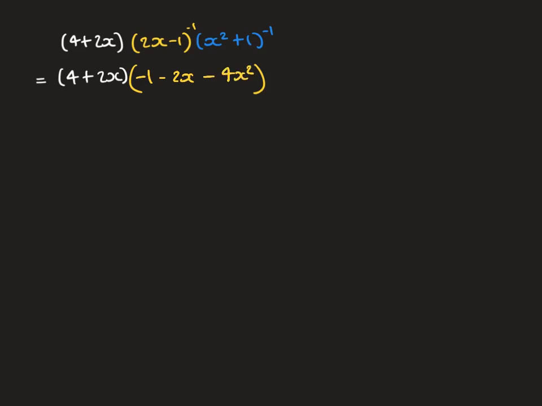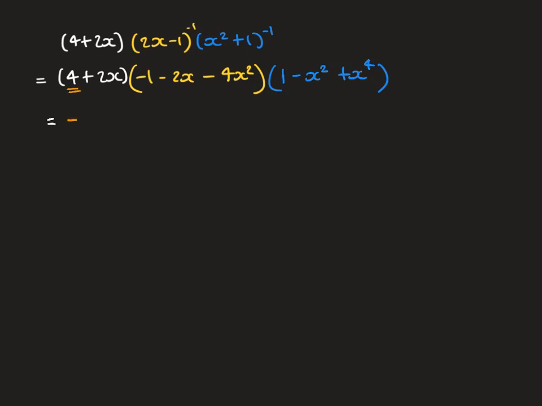And we've just worked out three terms for the expansion of x squared plus 1 to the negative 1, which is 1 minus x squared plus x to the power of 4. So let's go. What I'm going to do first of all is start with the white bracket and the yellow bracket, multiply these together. So I'm going to multiply everything in the yellow bracket by the 4 to begin with.